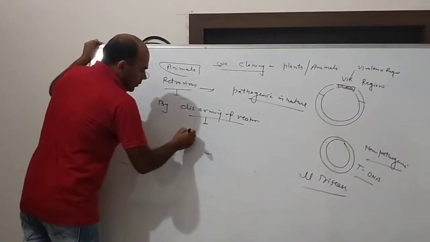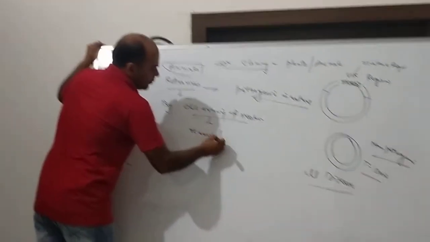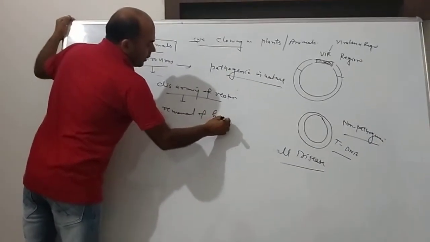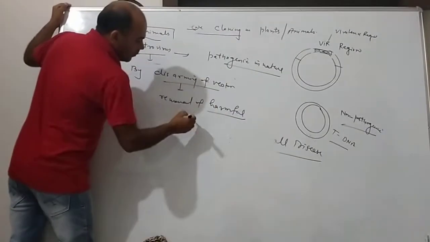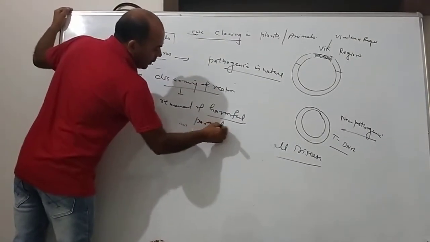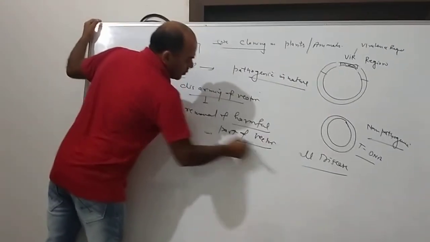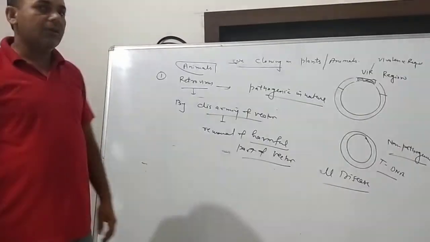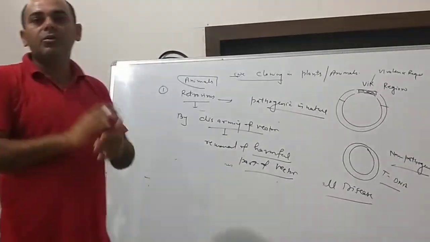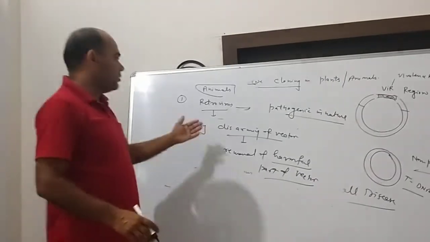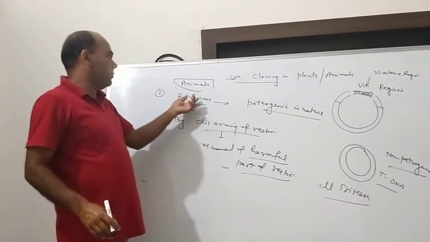The removal of the harmful part of a vector, so that the vector becomes non-harmful, non-pathogenic, is called disarming. The same can be performed in retroviruses.